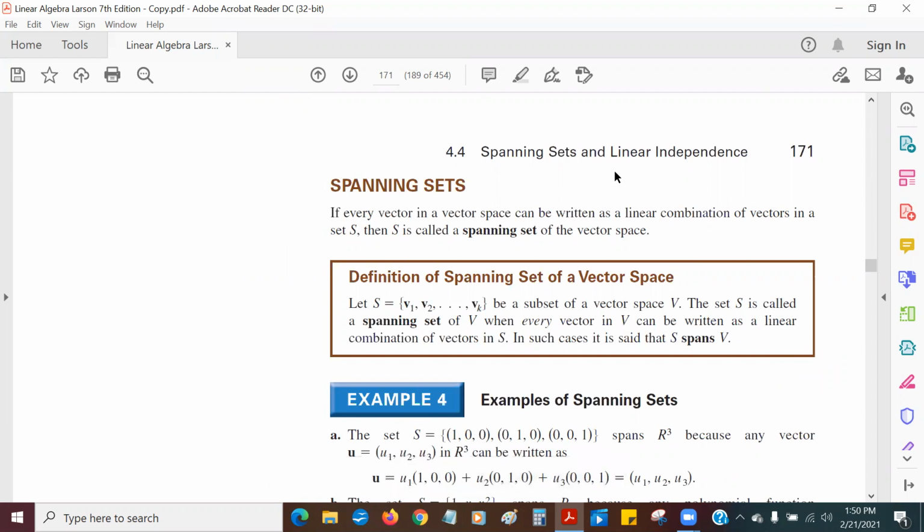Now, a spanning set, well, let's just get this concept.